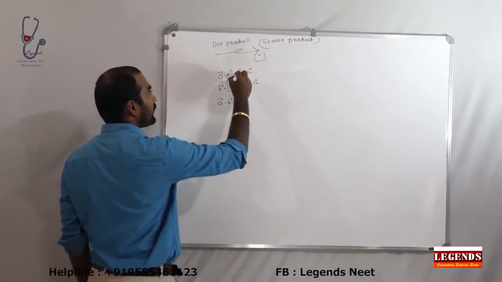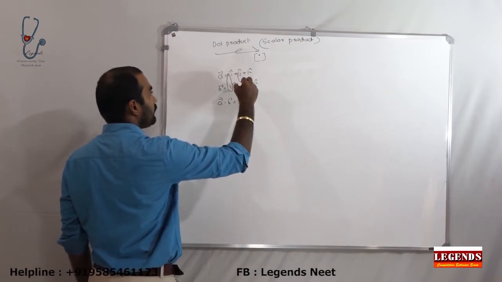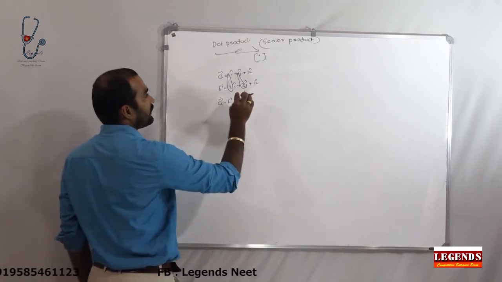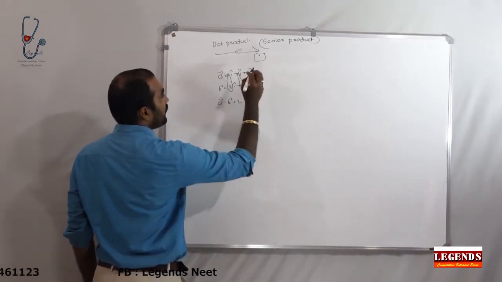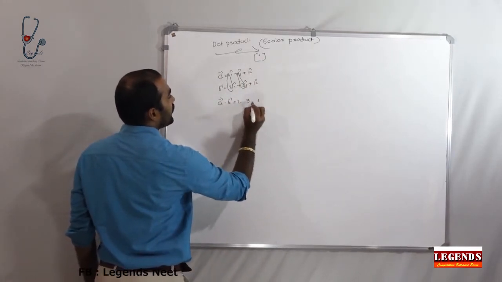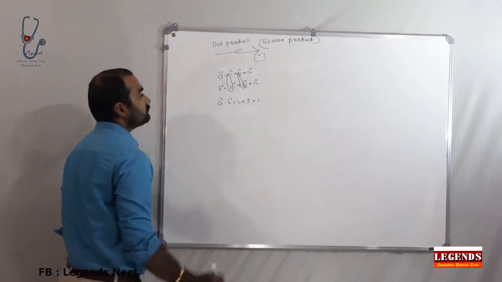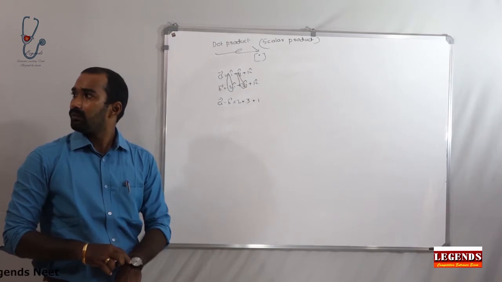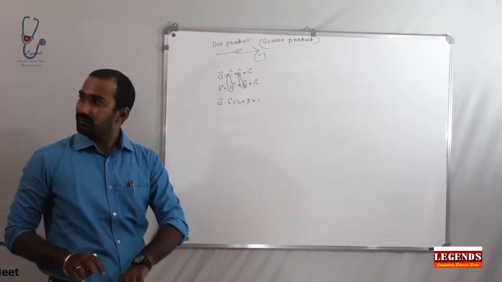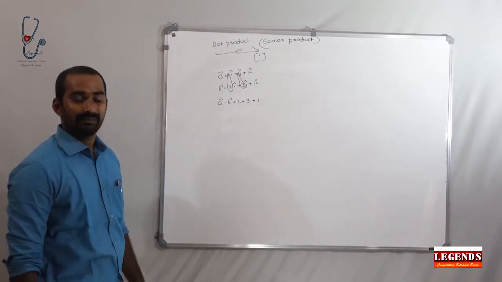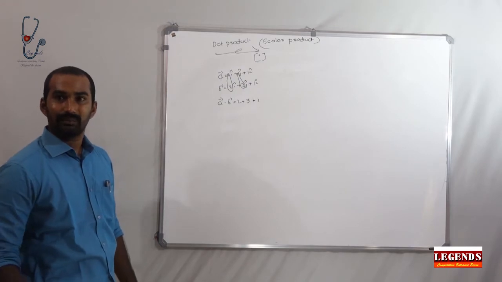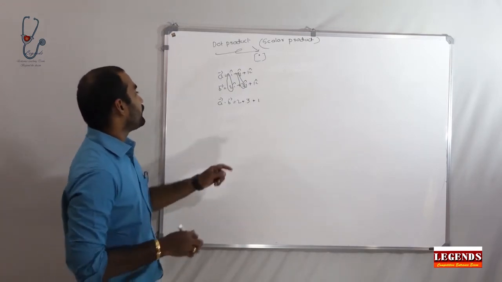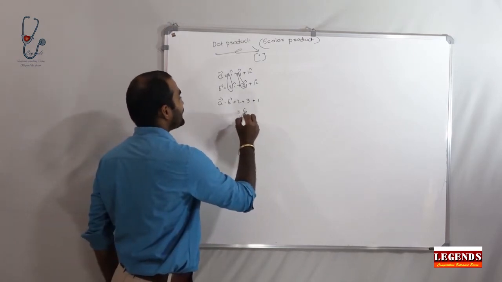Then also take the coefficient of j. In the first one the coefficient of j is 1, in the second one 3. 1 into 3 is 3. The last one, 1 into 1 is 1. Taking the sum, the answer is 6.